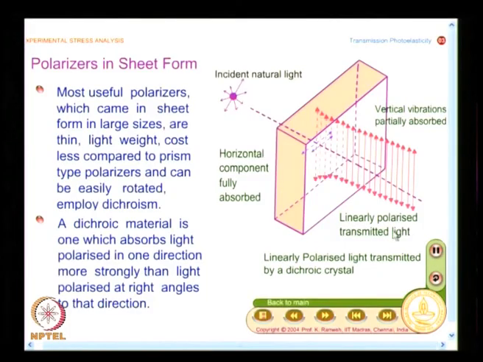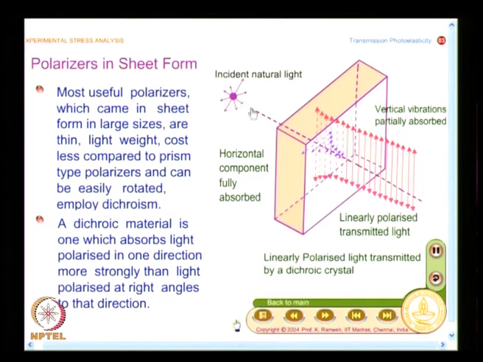So, that helps you, and we have seen that these are light with different planes of polarization, they are mutually perpendicular, they are plane polarized, and that is what is depicted in the figure. It is a complex figure. You see the horizontal component as it travels within the crystal, it gets absorbed. The vertical component goes undiminished.